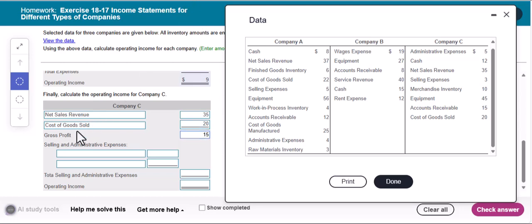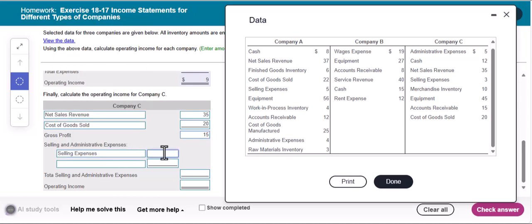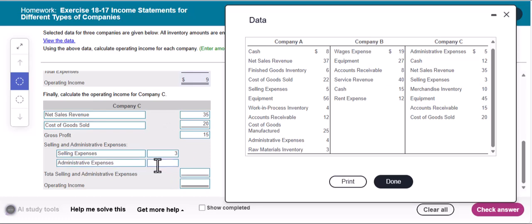And then next up we have our selling and administrative expenses. And so we can see here we have selling expense of 3 million, so we'll input that first. And then we do have our administrative expenses of 5 million, and we'll put that as well for 5. And then we're going to go ahead and add those through to get 8 million of total selling and administrative expenses.